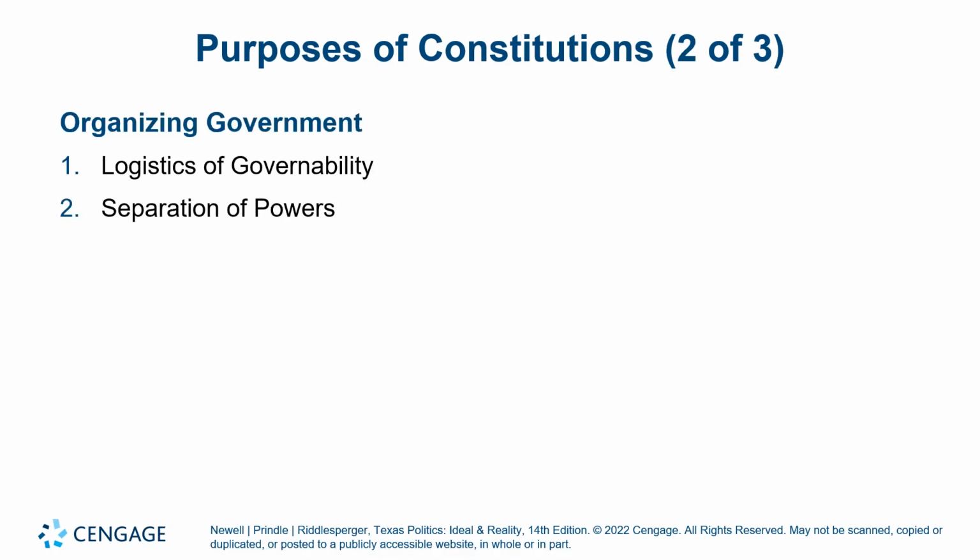Okay, so purpose of constitution. So organizing government. Now, we talked about, okay, let's go with separation of powers first, and then we'll go back to logistics here. Of course, understand the separation of powers is the separation of the duties and responsibilities within government, right? This is why we have three branches of government, because we have a legislative branch that is responsible for passing laws, working on legislation and getting things passed, for us to follow as people.